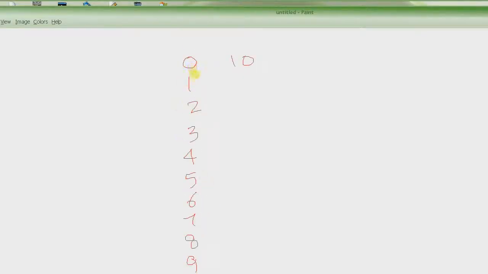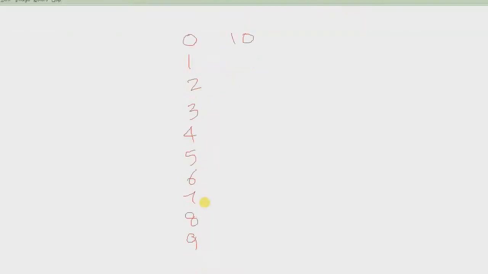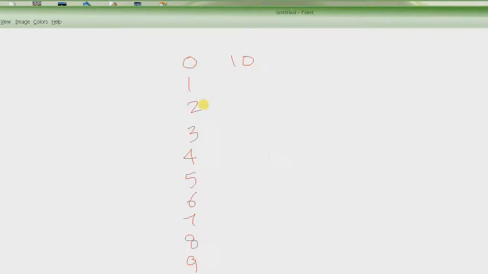So what happens if you start from 0 and you get to 9? What do you do at that point? You just ran out of digits here. So the next number that we make, which is 10, is made like this: there is nothing after this 9, so we basically reset it to 0.